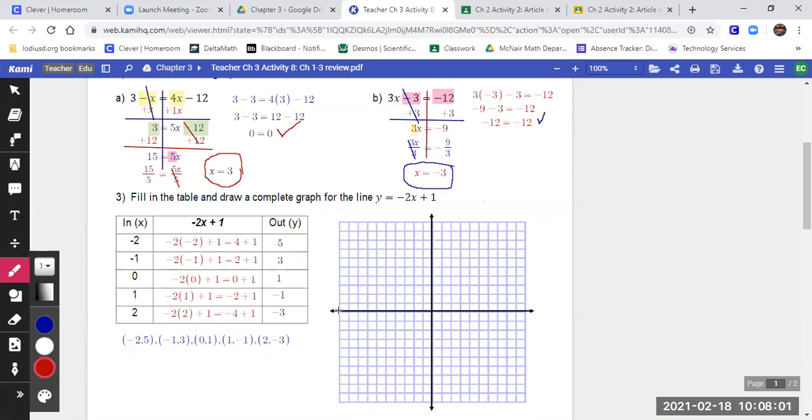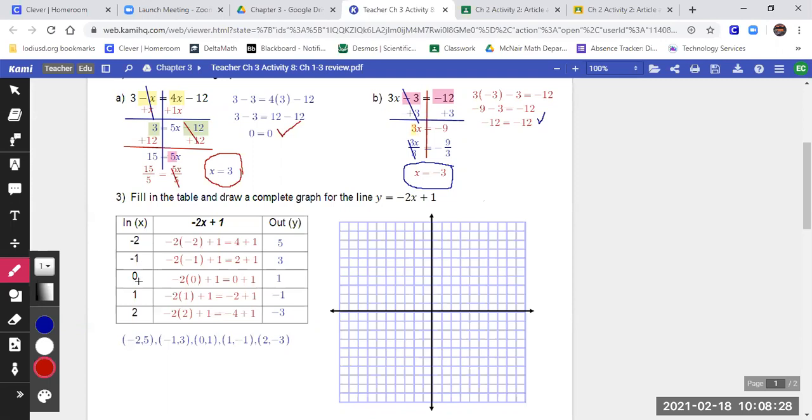I have 10 in all directions. Do I have to go by ones? Do I have to use every single tick mark? Or can I skip some tick marks and do 2, or skip some and say 4 and 8?